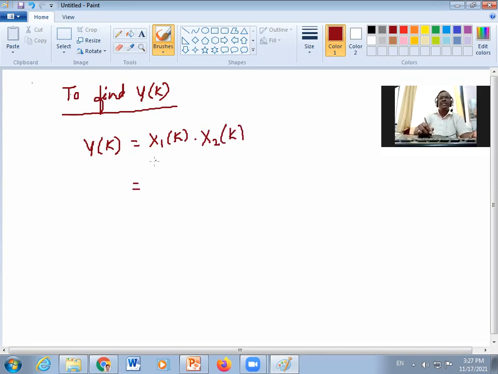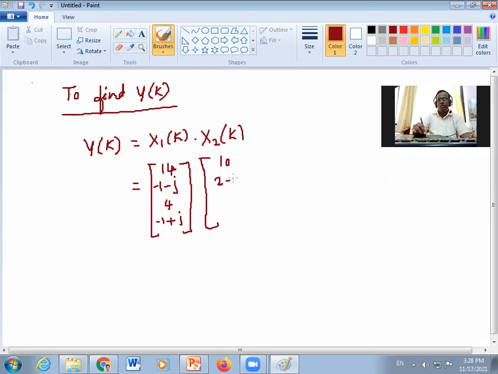What was the value of x1 of k? Can you tell me again the value of x1 of k? 14, minus 1 minus j, 4, minus 1 plus j. Okay. Then x2 of k: 10, 2 minus 2j, minus 2, 2 plus 2j.